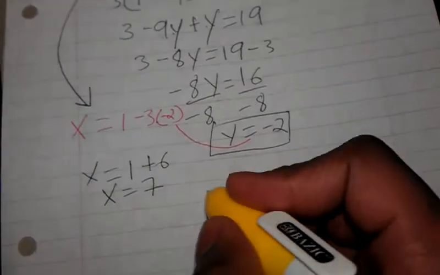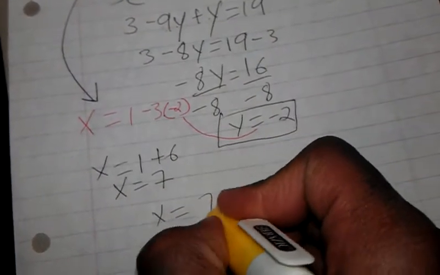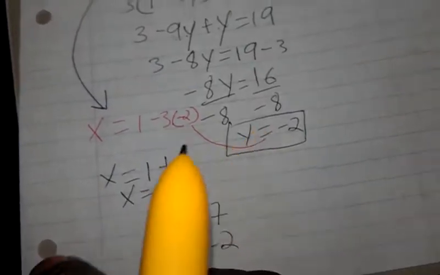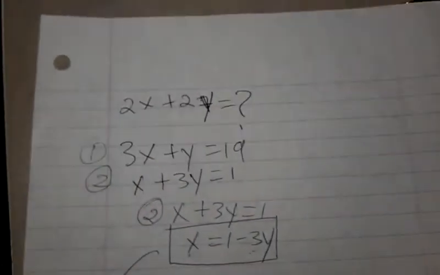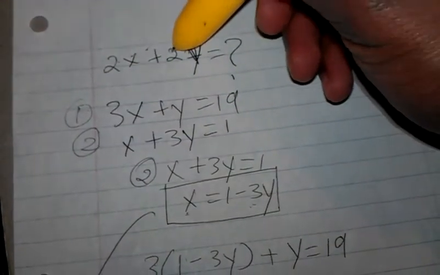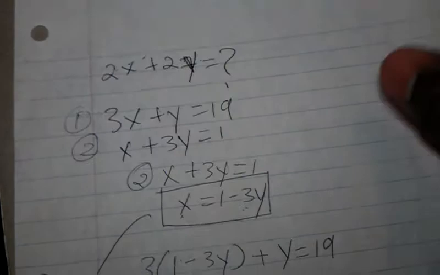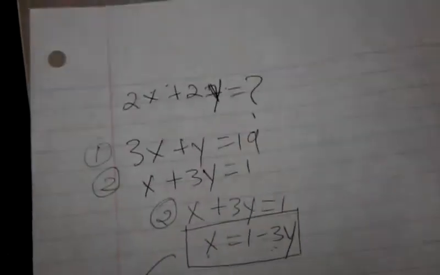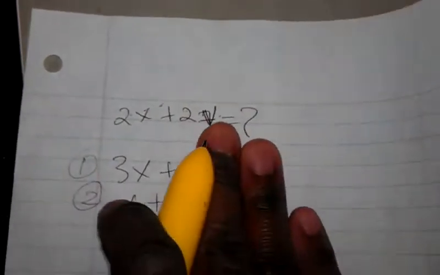So notice that we have x is equal to 7 and y is equal to negative 2. Now the question asks us a specific thing: what is the value of 2 times x plus 2 times y? Now it's simple, just plug in our x and y values.